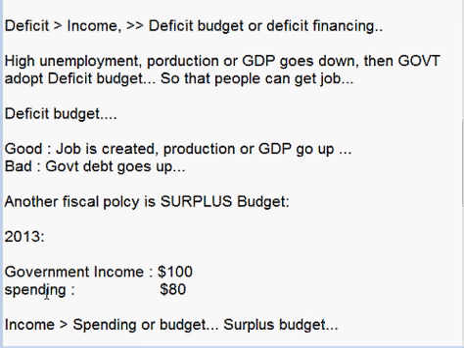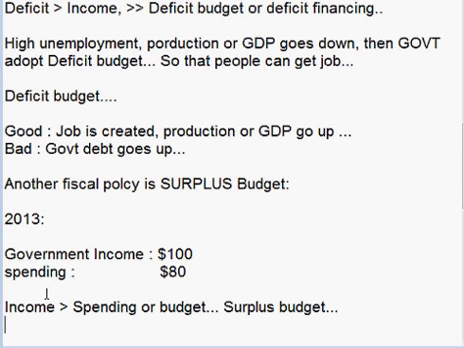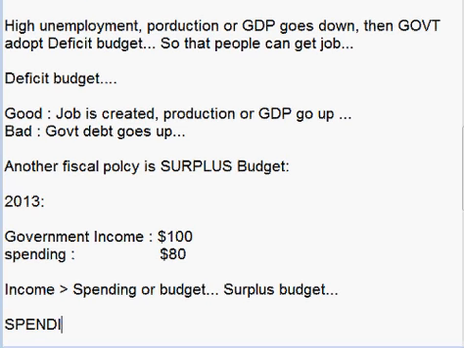So here the government is intentionally spending less. And normally the government adopts a surplus budget when the economy is very good, meaning that everybody has a job, so the government does not need to create employment.